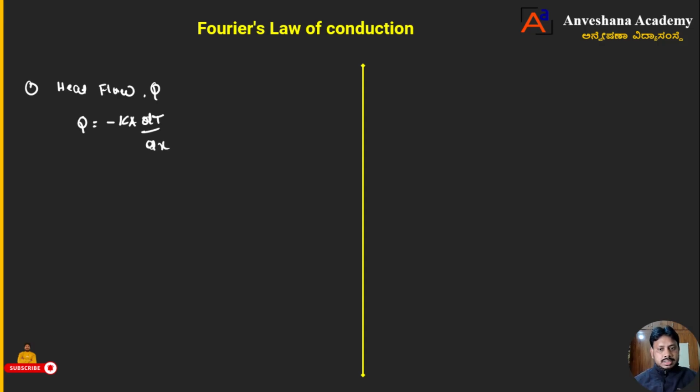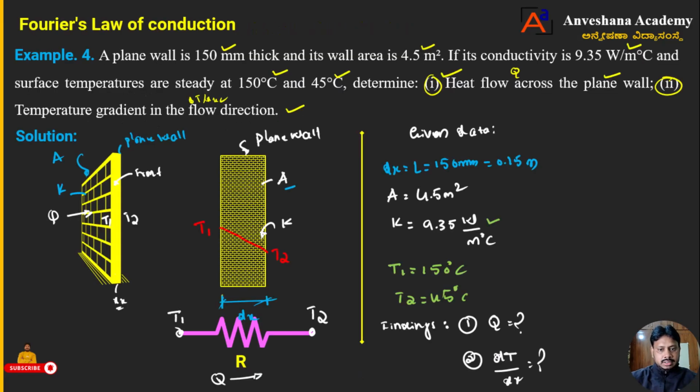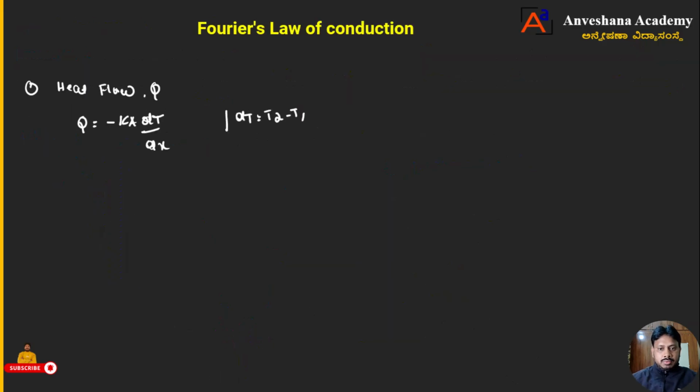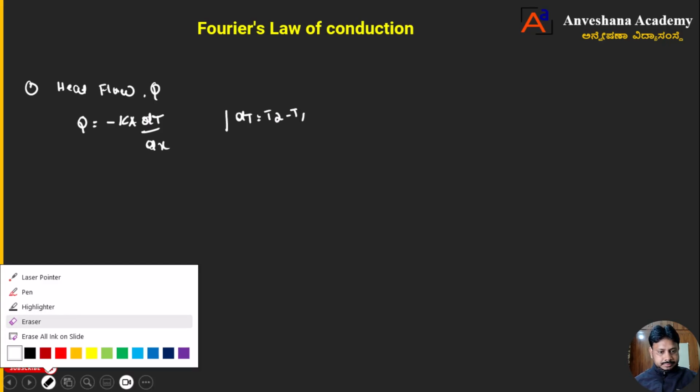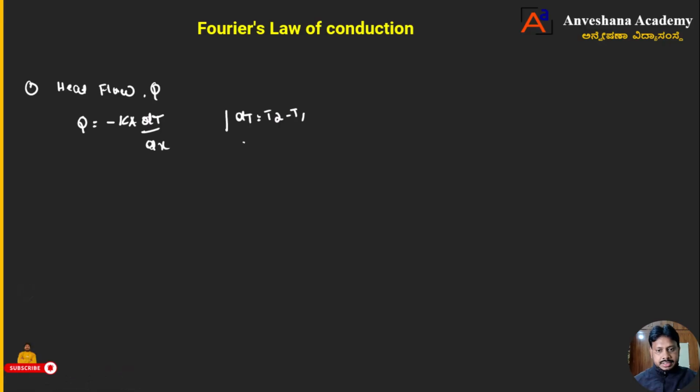So now here, what is dT? dT is nothing but what? dT is equal to final temperature minus initial temperature. You can see here now. So how we will take final temperature minus initial temperature. So what I can do here now, I will write it here. I can write this dT is equal to T1 minus T2.